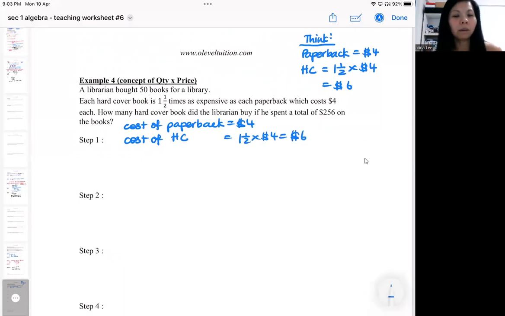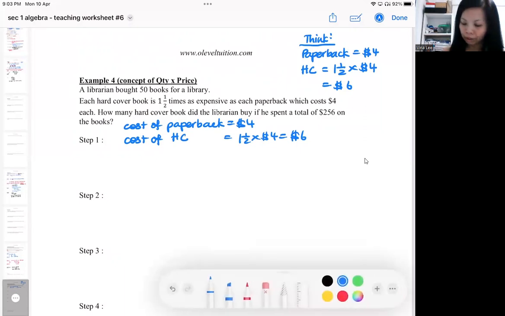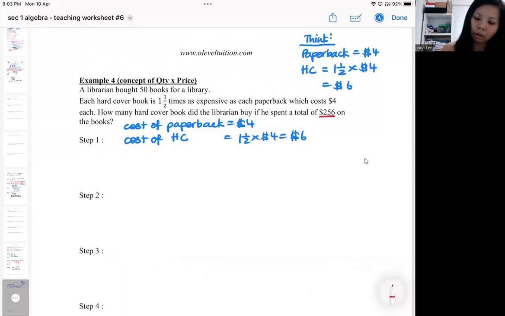Now, the question is very tricky. How many hardcover did the librarian buy if he spent $256? I believe in primary 6, you also have such question. That kind you will do by trial and error or table method. So right now we are not going to do that.